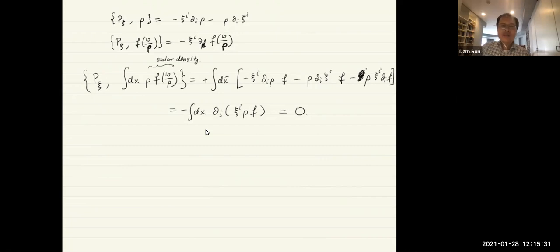And so that means that in 2-dimensional hydrodynamics, there is an infinite number of Casimirs, which can be thought of as: you can write down any function for rho, any function at all of omega over rho, and these would be things that commute with anything in the algebra, including the Hamiltonian.